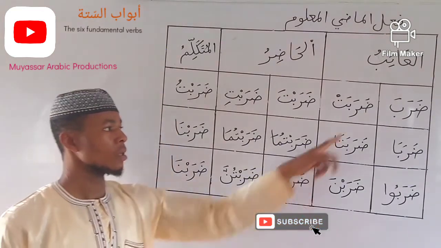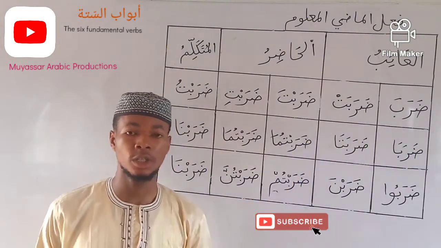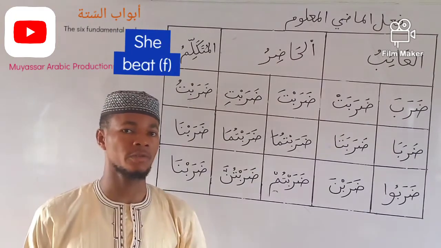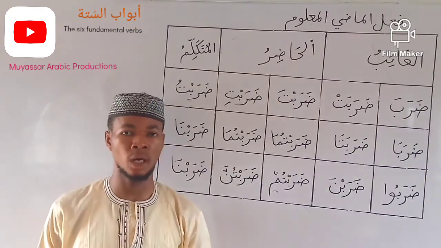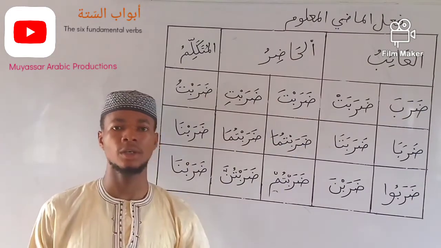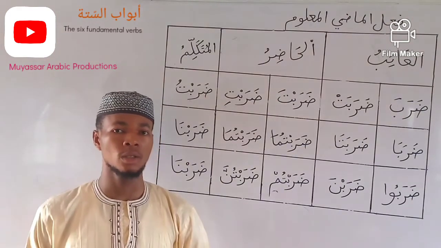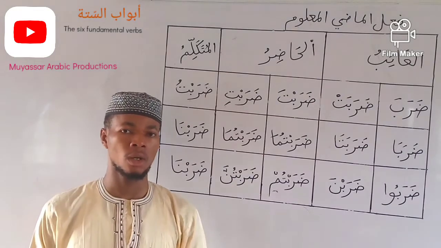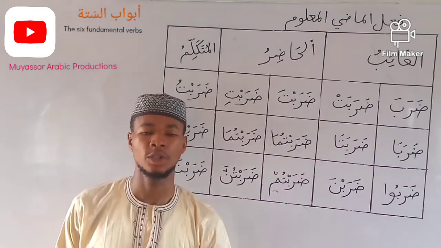Then the next is darabat, meaning she beat in feminine gender. So in Arabic language, when you want to say he beat, you say daraba, he beat. Then you want to say she beat, you say darabat, she beat.